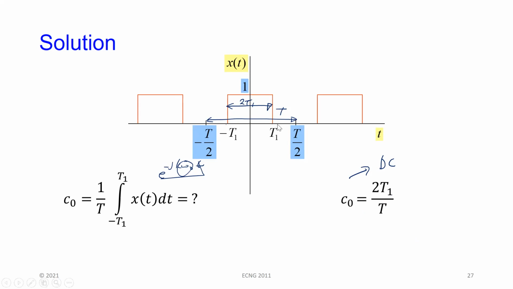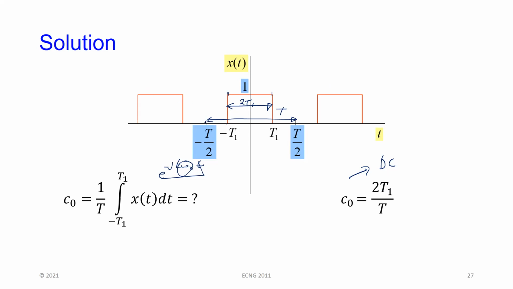And from that, you could instinctively sort of see something. The smaller the duty cycle, in other words, the smaller this time is, or the shorter the signal is on, the lower the DC value would be. And the bigger the duty cycle, the higher the DC value would be.